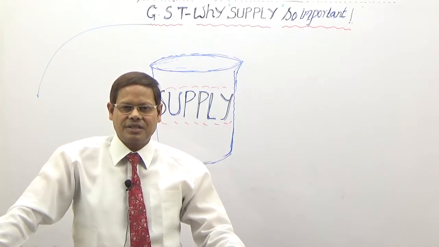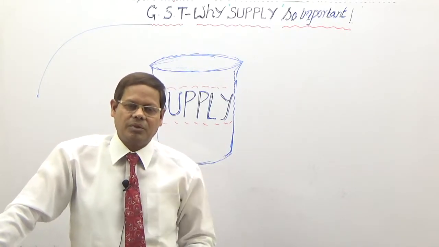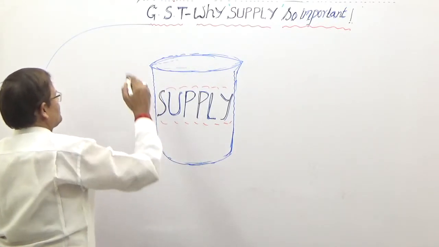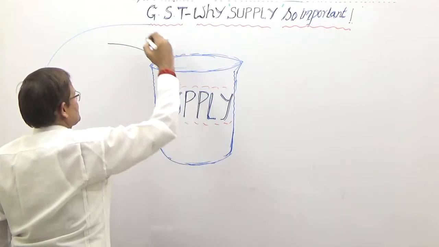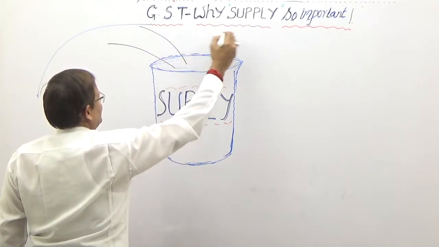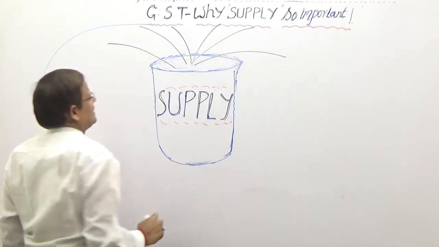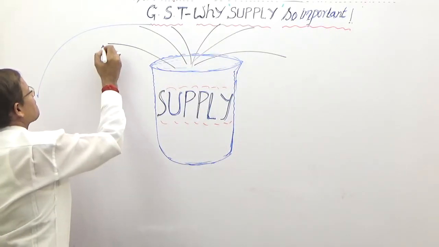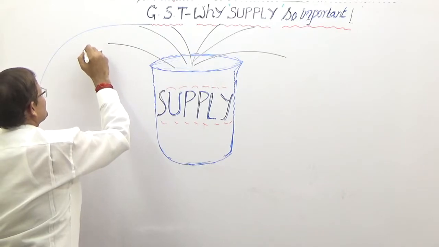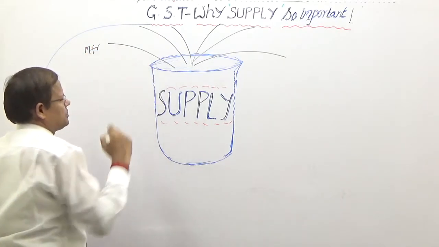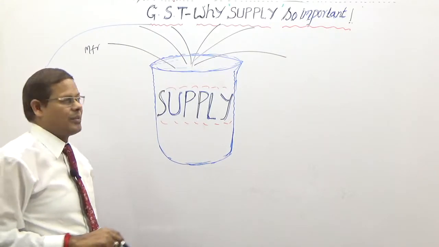Earlier, there was a plethora of taxable events. There are so many taxable events, like under excise, it is manufacture. Manufacture is the taxable event where excise duty is imposed.